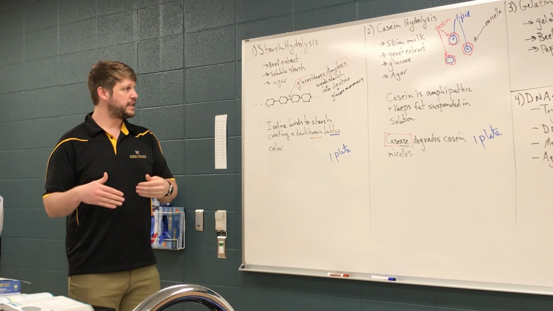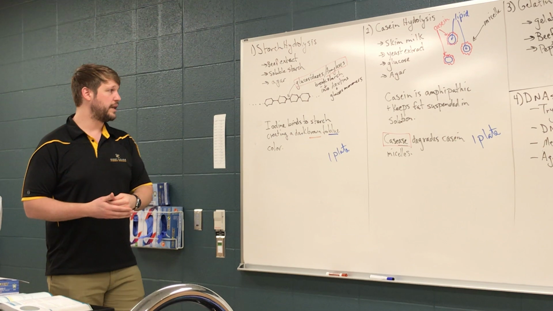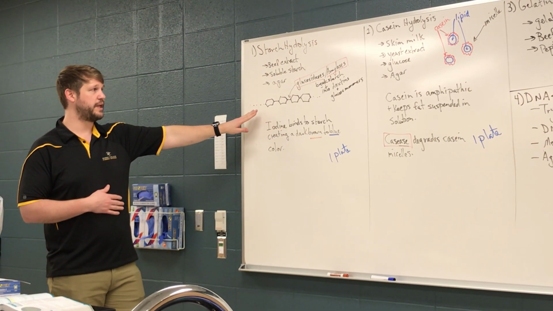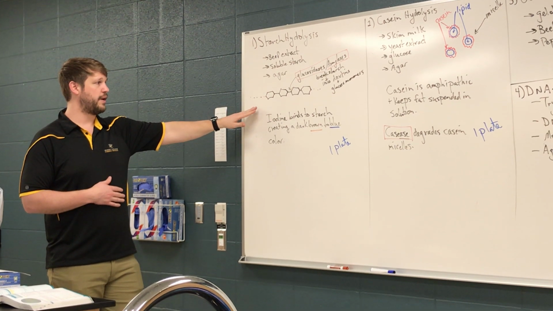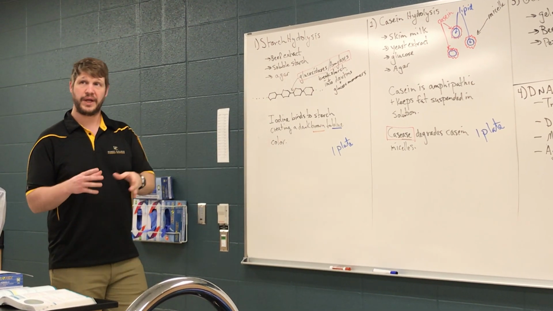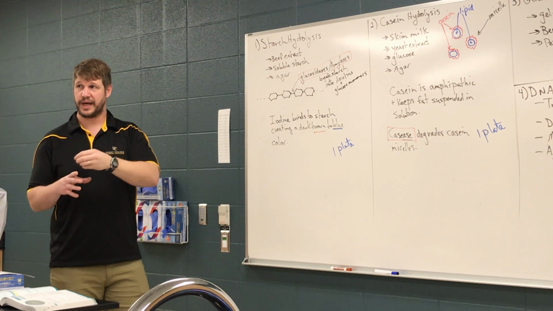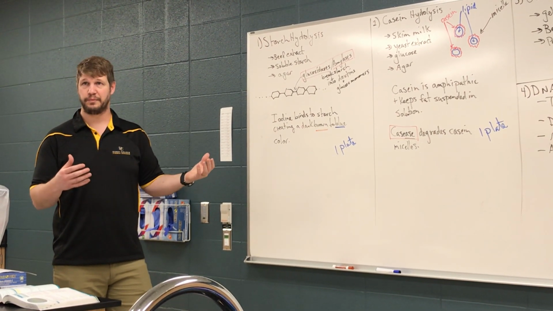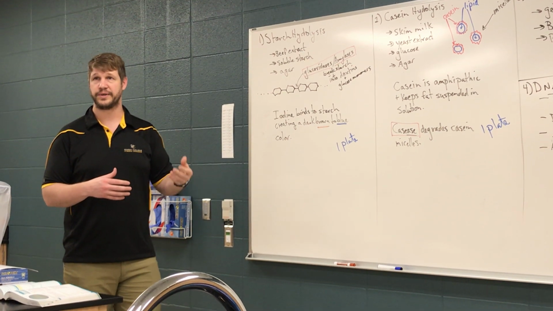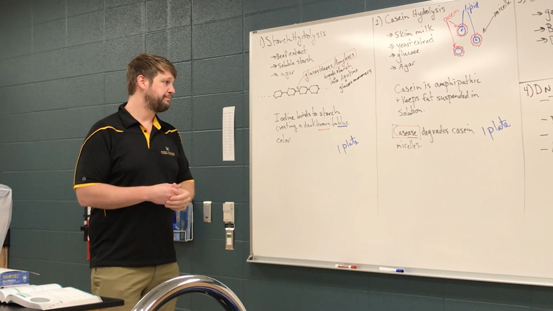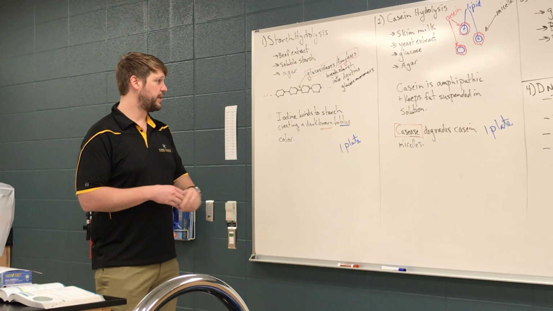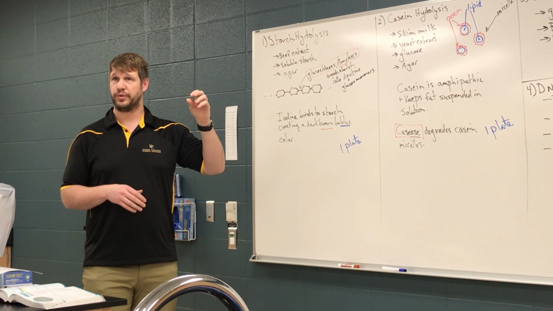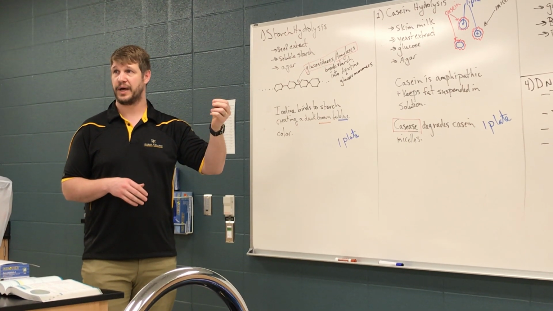So how do we actually see that in the media? After you've grown an organism on this media for 24 to 48 hours, you actually are going to flood the plate with iodine. So you'll just take iodine and put it over the top, and you'll probably remember from Bio 125 or a high school course or other courses here at Dordt that iodine reacts with starch to give you this dark blue or dark brown color.